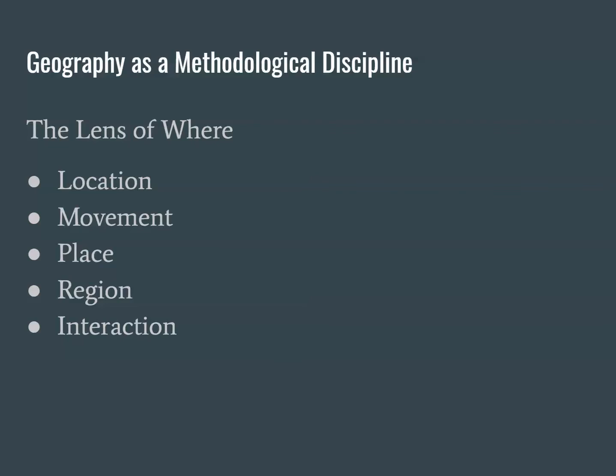The other thing, though, is that we often refer to geography as a methodological discipline. What that means is that geography can look at just about anything through this lens of where. So the method is understanding where things are. As an example, I can ask the question, where are prairies?